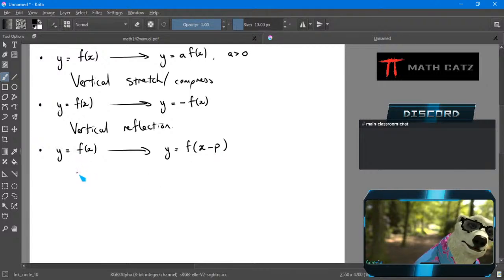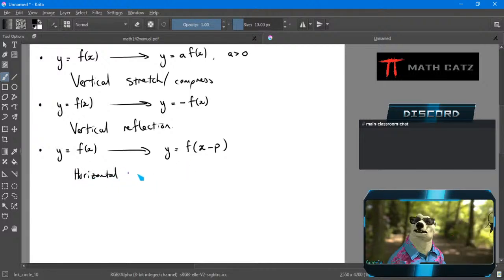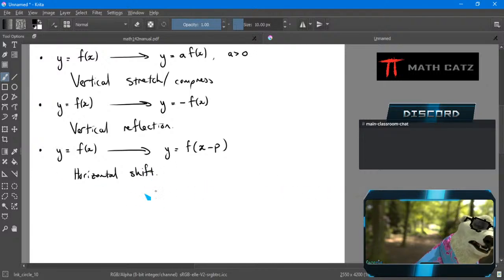And whenever I do a replacement transformation on the function, the graph effect is going to be a horizontal shift. The fancy word is translation. Doesn't matter. It's moving horizontally. The shape is the same. We're just shifting it horizontally.